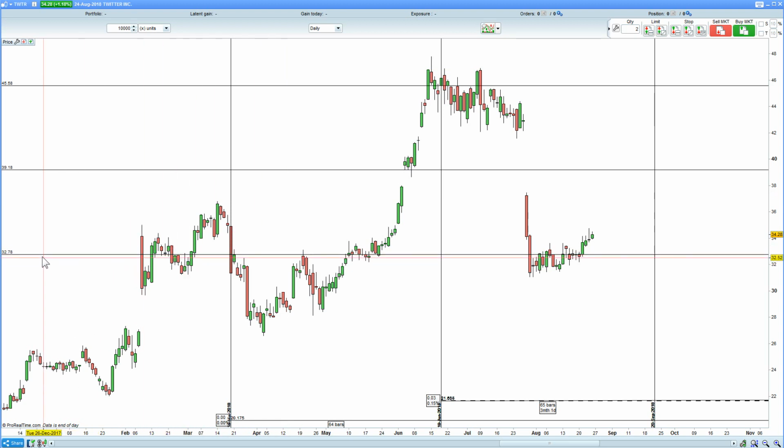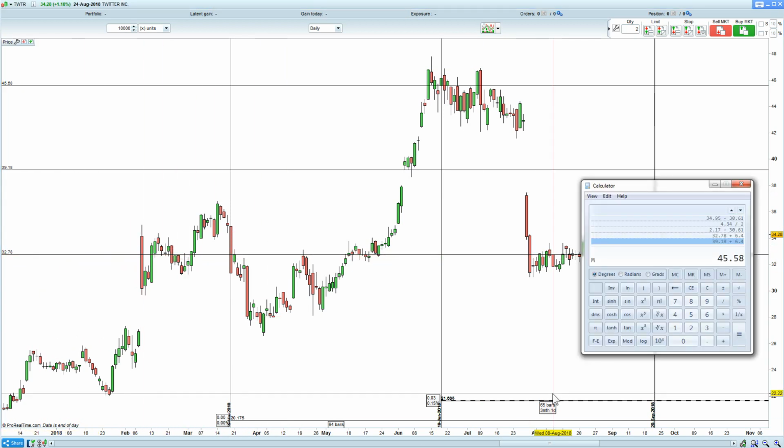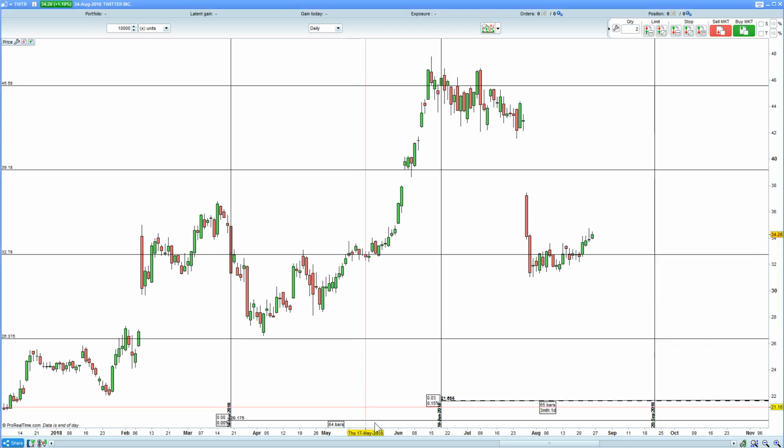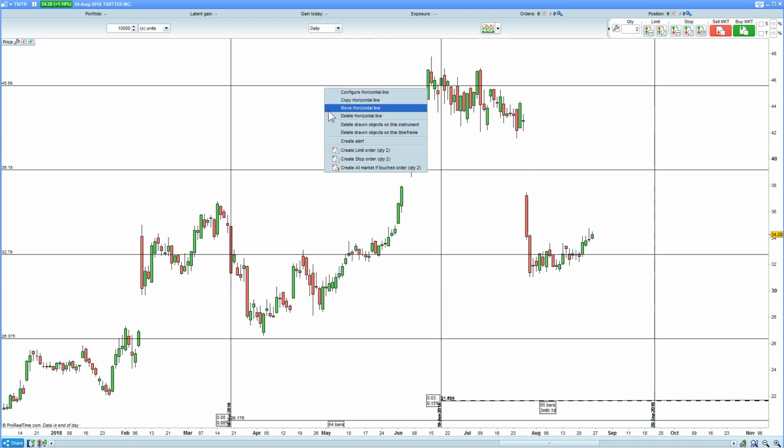If we look at the mid price here, 32.78, and subtract our 6.4, we get 26.38 as a price level, which is right there. So we see that we're right close to it. You can also subdivide these by 50%, so it would be half of this number.